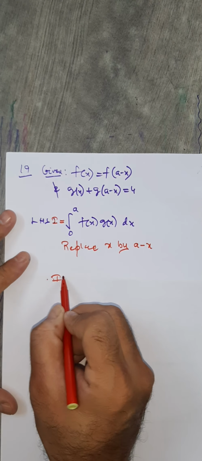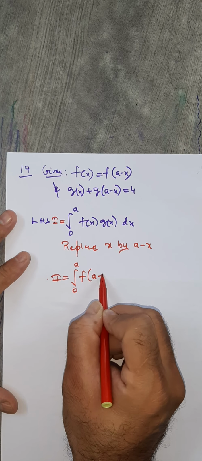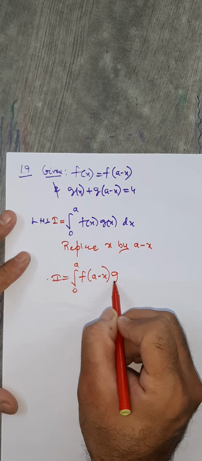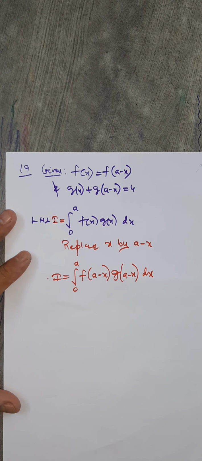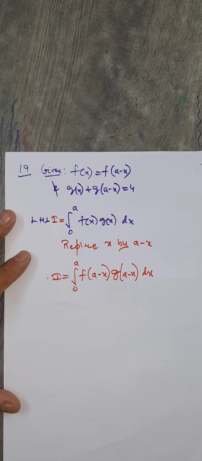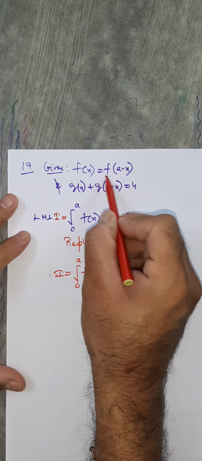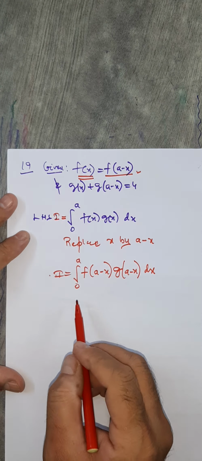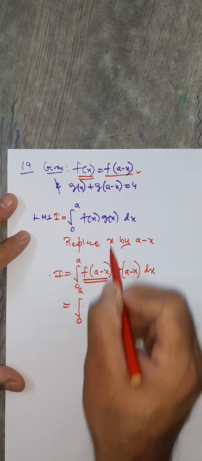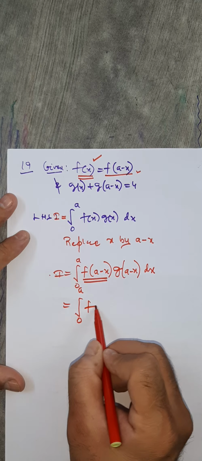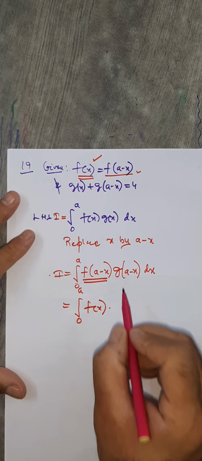So therefore I equals integral 0 to a f of a minus x into g of a minus x dx. Okay. Now you are already given that f of a minus x is the same as f x. So here, 0 to a, I'll replace it by f x, because on the right hand side you need f x. What about g of a minus x?